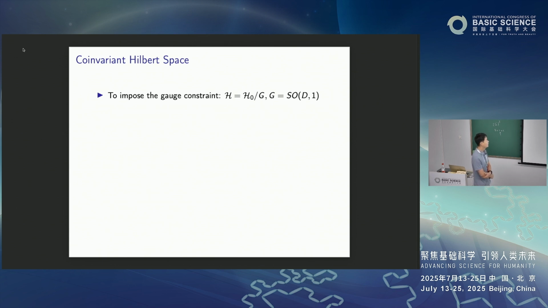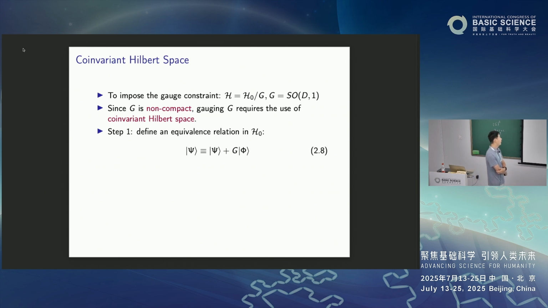Next, we want to impose a gauge constraint. So we start with the Hilbert space of this non-relativistic particle, but now we have to impose the de Sitter isometry. So we need to quotient out SO(D,1). This is a non-compact group, and gauging such a group requires the use of something called the coinvariant Hilbert space.